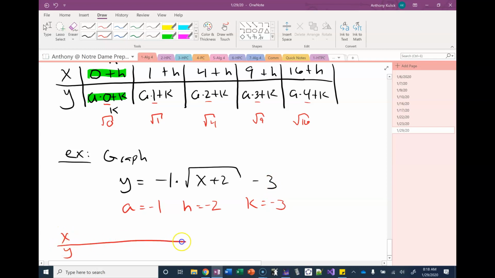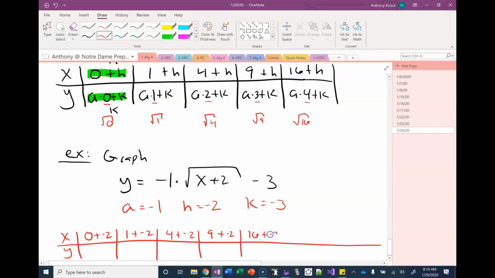So now I'm going to make my xy table. And I'm going to use my formulas that we just developed directly above to fill in. So I'm going to have 0 plus h, 1 plus h, 4 plus h, 9 plus h, 16 plus h.